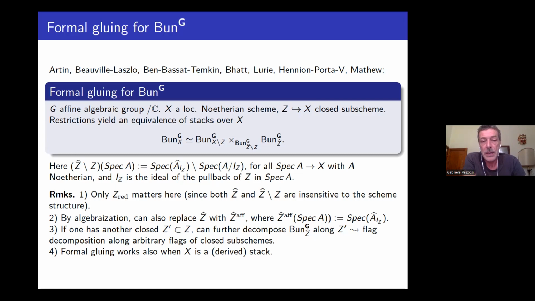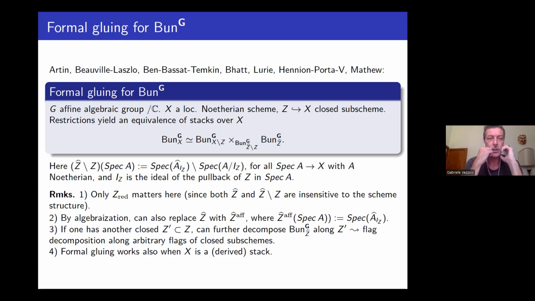And by algebraization, one can also replace the Z hat on the extreme right of the formal gluing isomorphism with Z hat affine, which is defined as you may imagine, as is written there, because then Bun_G on Z hat and Bun_G on Z hat affine are the same. This is a result.